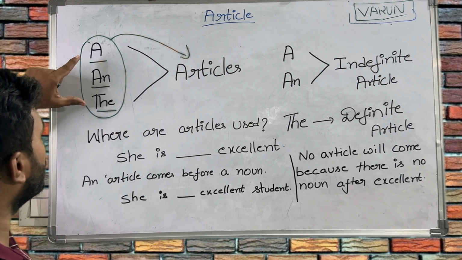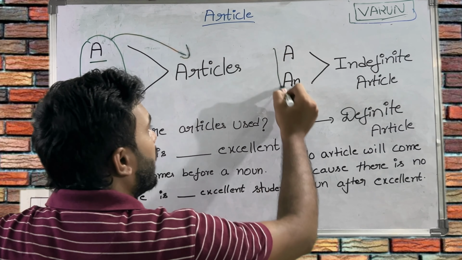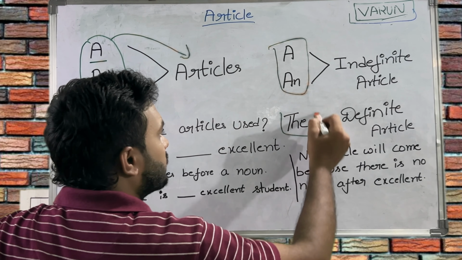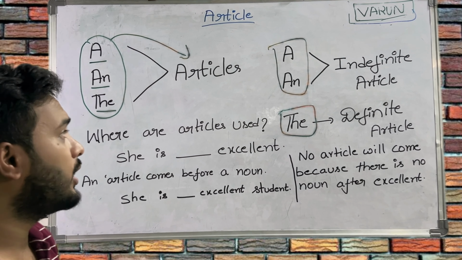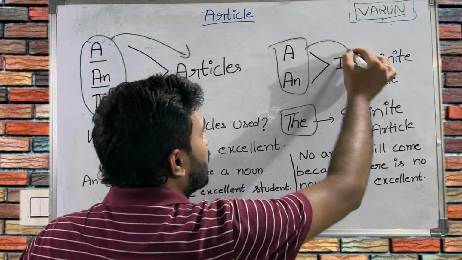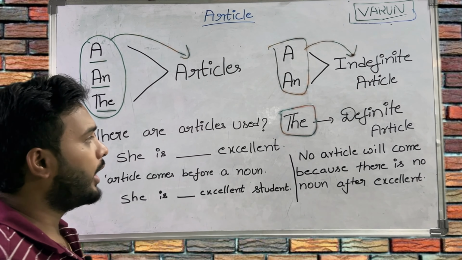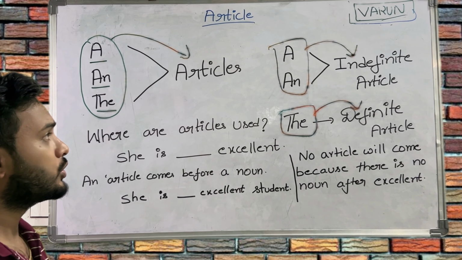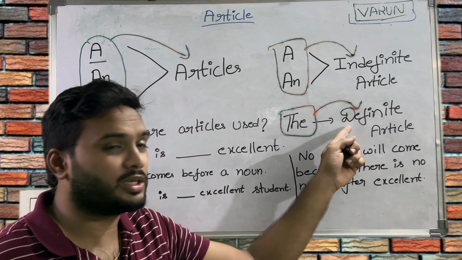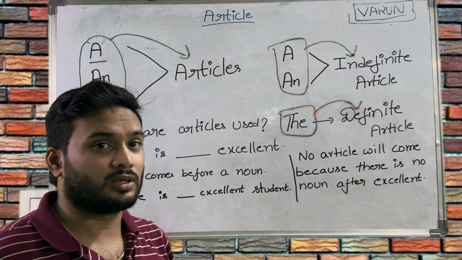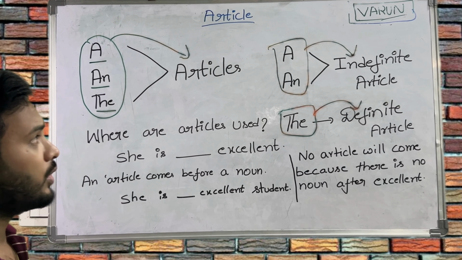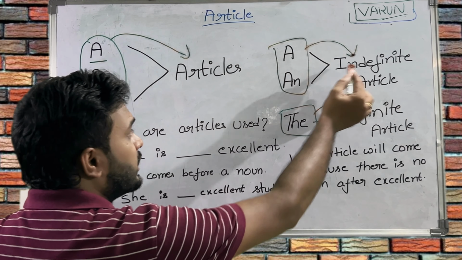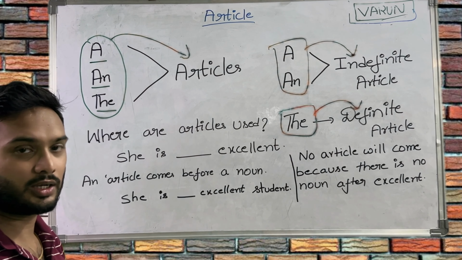They are divided into two types: a and an, and the. A and an refer to the indefinite article, and the refers to the definite article. What the indefinite and definite articles are, we will discuss in further classes. As of now, just see that a and an are indefinite, and the is the definite article.